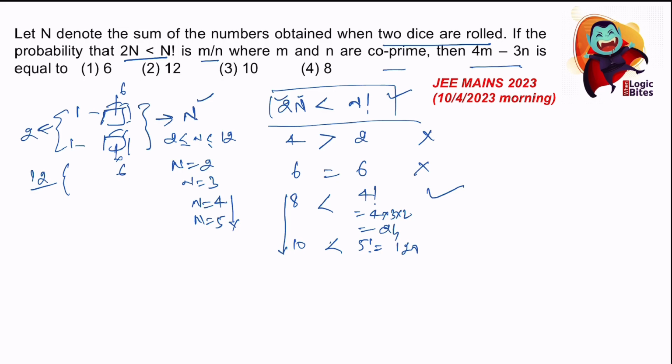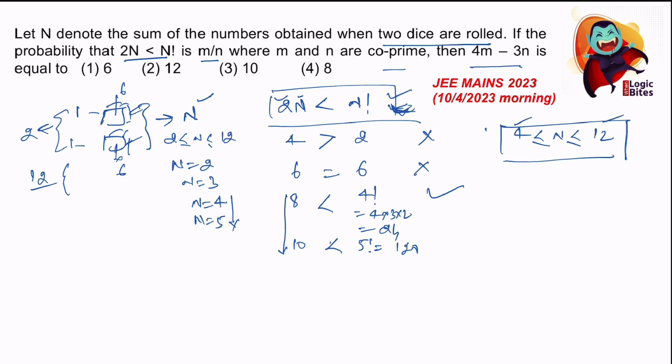So n can take any value from 4 to 12 to meet this requirement. Now essentially we are trying to find the probability that n, the sum of the numbers coming on these two dice, is between 4 and 12.